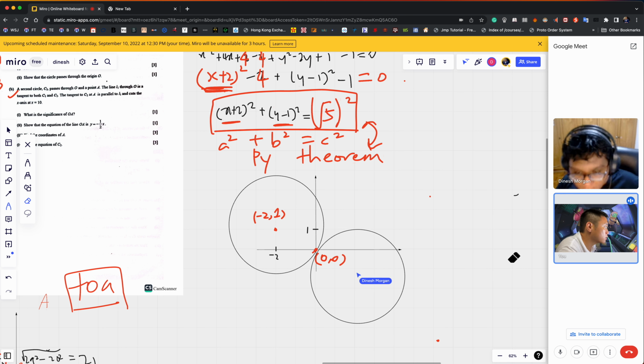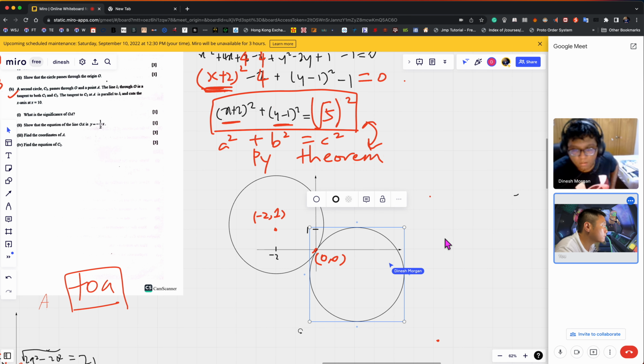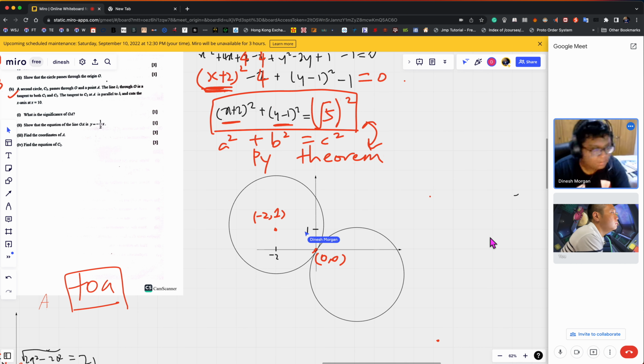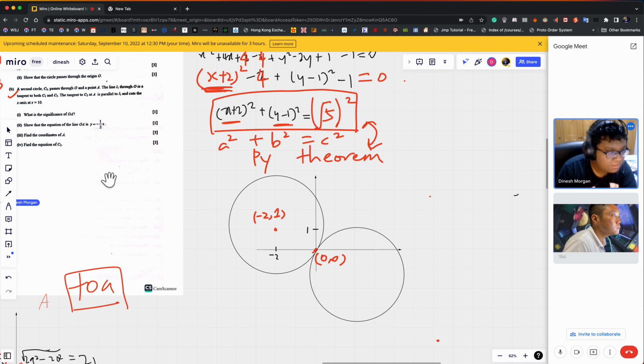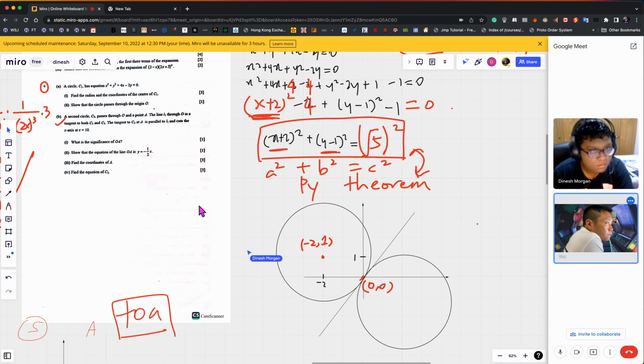Probably you can use the arrow key to move it up a bit, and then like this, right? Oh yeah, like that. Okay, good. And then there's a line here. There's a tangent to both, right?